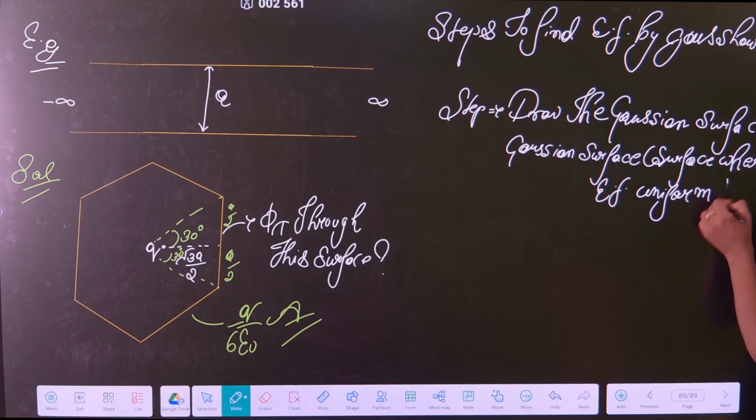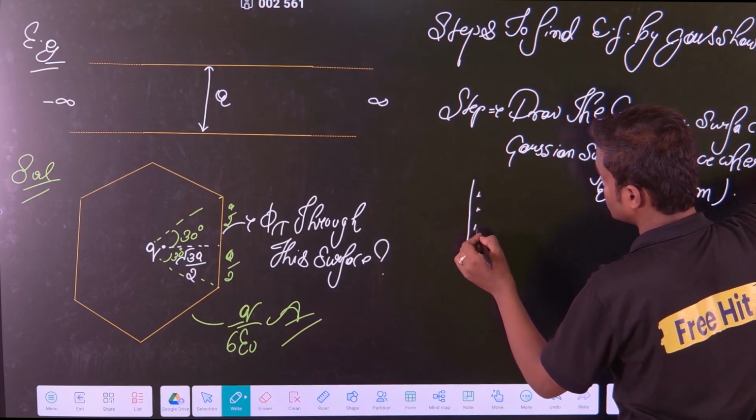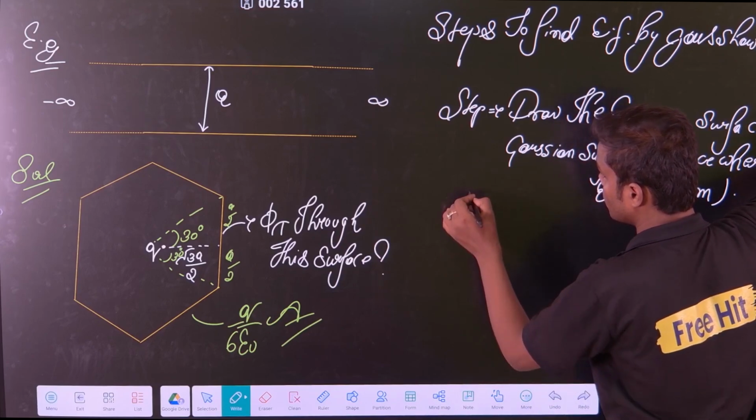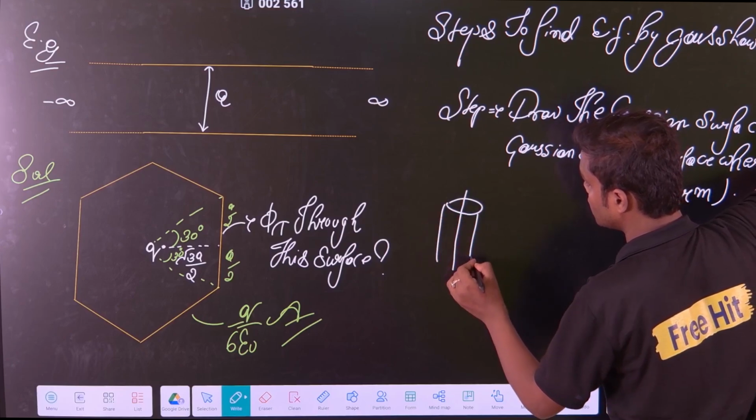Correct? That is a type of Gaussian surface. Like for a linear charge, what is the Gaussian surface? You tell me. If there is a linear charge density, what will be the Gaussian surface? Suppose it is a linear charge, then the Gaussian surface will be a cylinder. Correct?